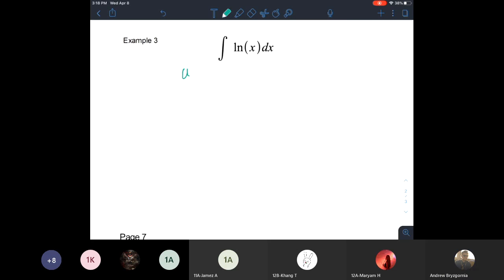So like I was saying before, we always want to start with u and dv. Now, just from that last question, we already know don't put natural log of x there because the question is asking us what's the antiderivative of natural log. We don't know it. If we did know it, we could put it in for dv.